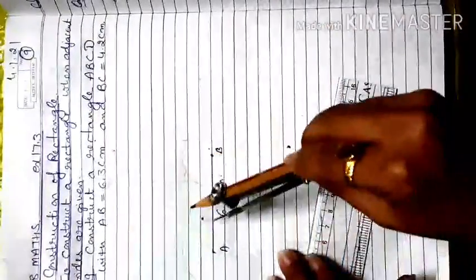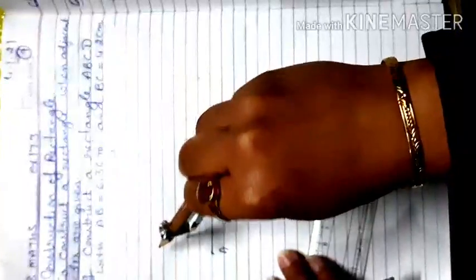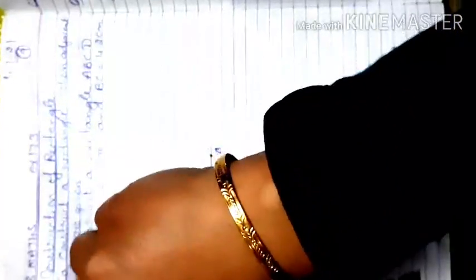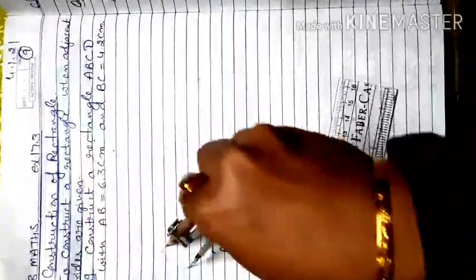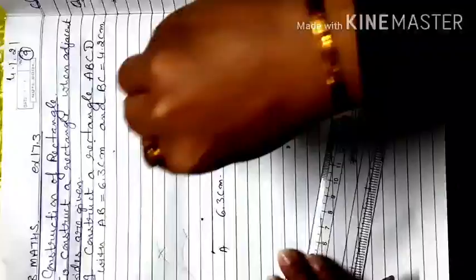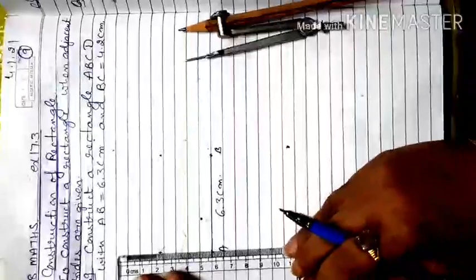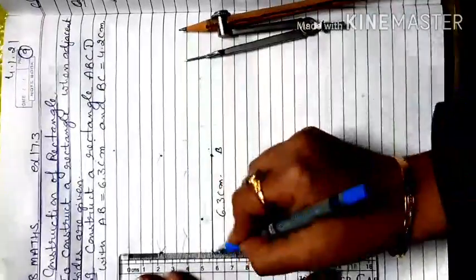You bisect the 60-degree and 120-degree angles to make 90 degree here. So here you can draw the bisector. So this is your 90-degree angle, this is the mark of the 90-degree angle here. So you just extend this line.